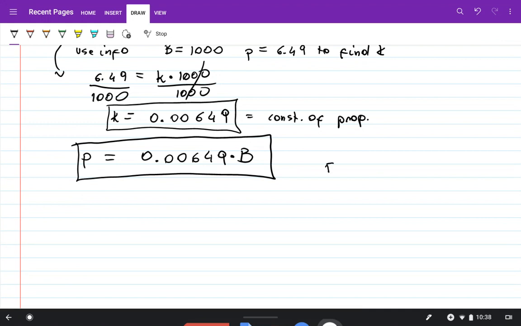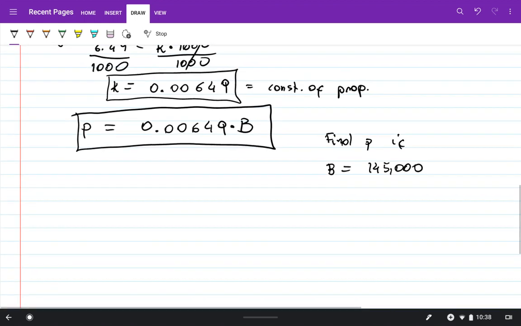So now find P if B is equal to 145,000. How much are we going to pay monthly if we borrow 145,000? So payments equal the constant of proportionality, which is 0.00649, times B, which is 145,000.